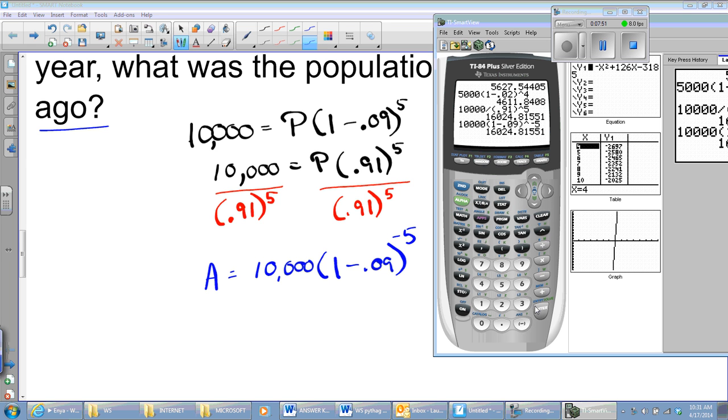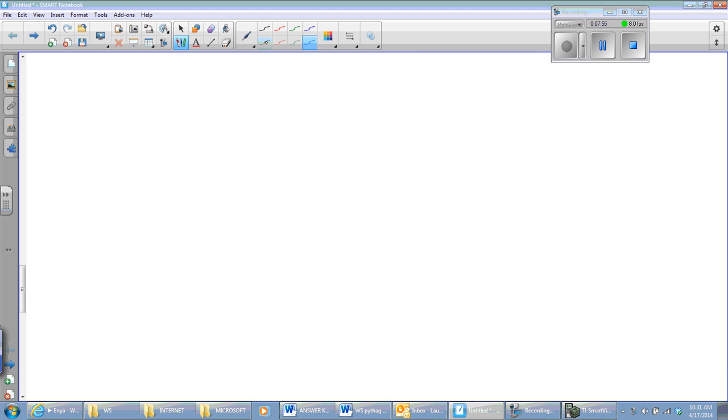I started to think about the equation. Check this out. This is pretty cool. Okay, so you have A equals P times 1 plus or minus R to the power T. What happens if you divide by this quantity, 1 plus or minus R to the T, on both sides?